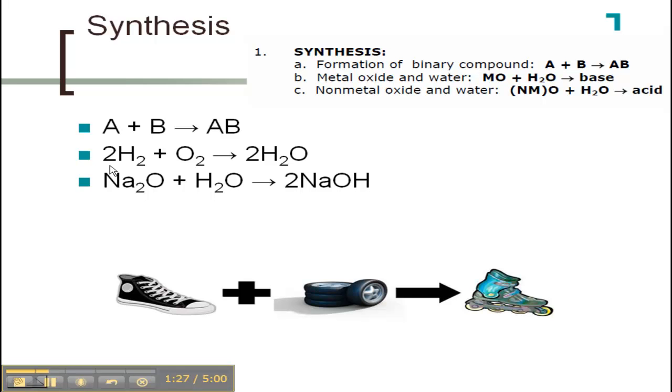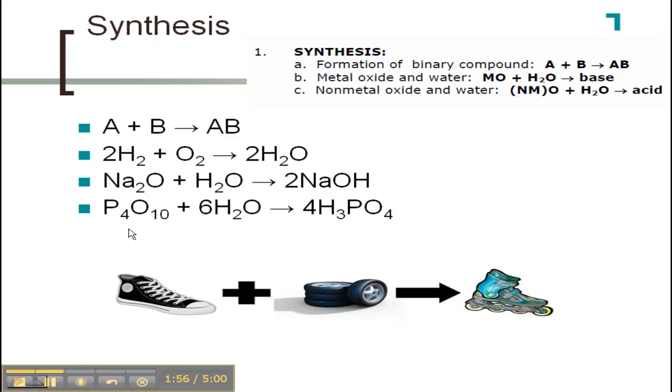So if sodium is our metal, we have sodium oxide. Now remember that these subscripts come from the charges. We're adding water to sodium oxide and we get sodium hydroxide. There's our base. So we take our metal and we make it a hydroxide. When we have a non-metal oxide and water, so NM is our non-metal plus oxygen in a compound, then we add water to that, we're going to get an acid.